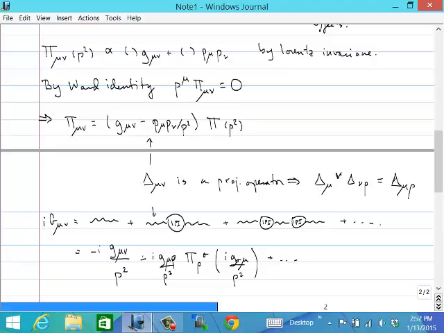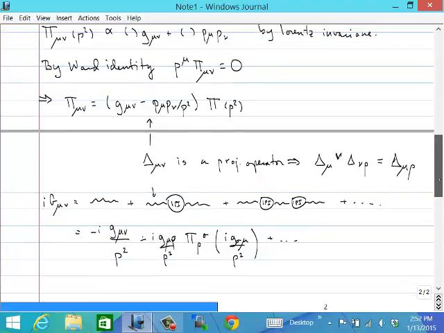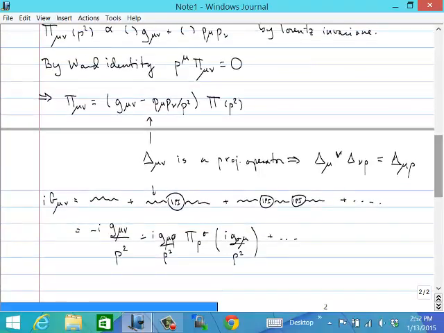We can now use our results using Lorentz invariance and the Ward identity to extract all of the tensor structure from the self-energy pi. What do you get? You get a minus I g mu nu over p squared. That's just the first term.